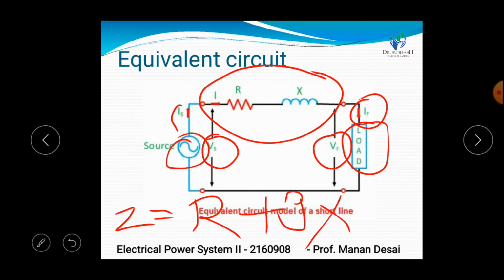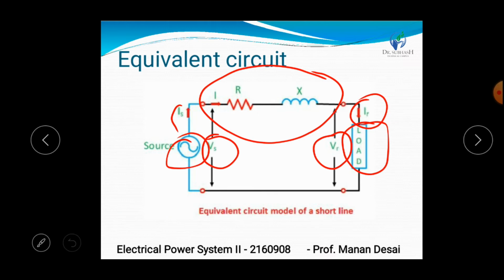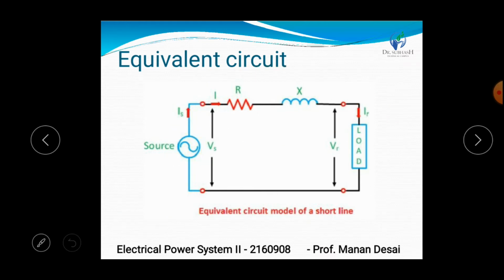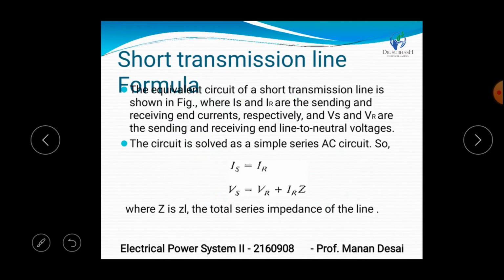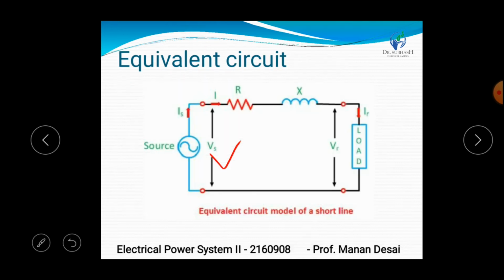And for short transmission line calculations we have to derive the formula on the basis of Is and Vs. Now, the short transmission line circuit is very simple as we know.